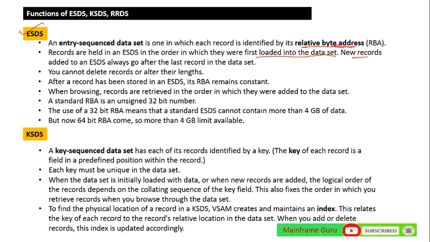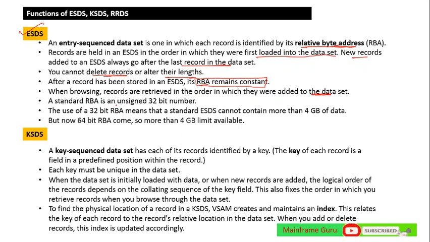New records added to the ESDS always go after the last record in the dataset. You cannot delete records or alter their lengths. After a record has been stored in an ESDS, its RBA remains constant. Okay. When browsing, records are retrieved in the order in which they were added to the dataset.